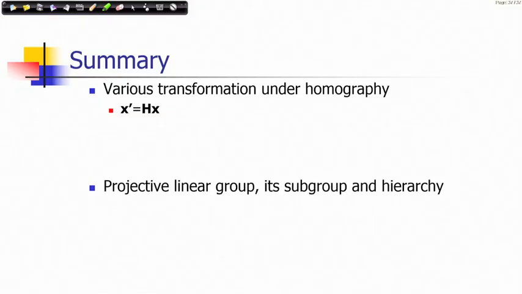It preserves the collinearity of points and is invertible, and correspondingly a line is also transformed into another line, with the relationship L prime equals H minus T L, which is the transpose of the inverse of the transformation matrix.